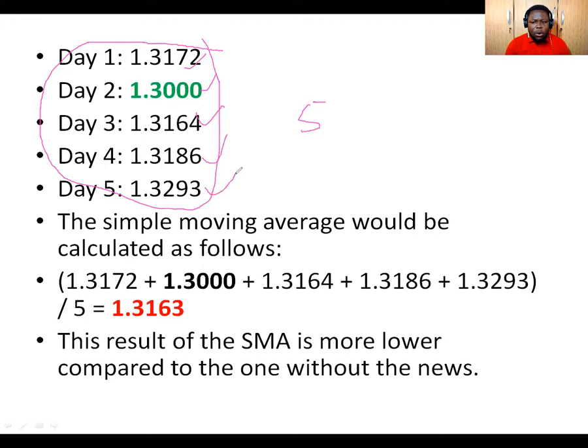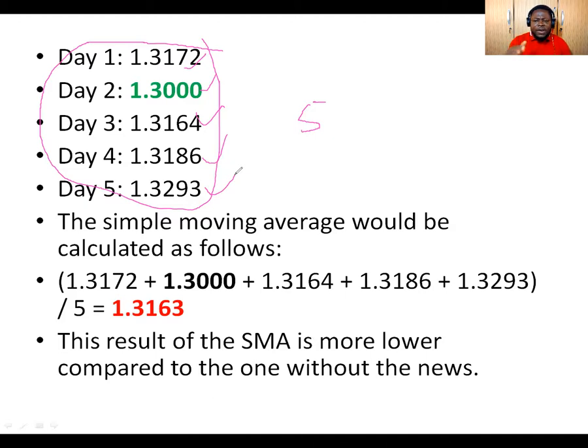If the time frame is 30 minutes, it's going to calculate the first 30-minute candle, second, third, in that order to the 5th 30-minute candle. If the time frame is 15 minutes, it will do the same calculation: the first 15-minute candle plus the second plus the third, the fourth, and then the 5th. So this is how moving averages do their calculations.